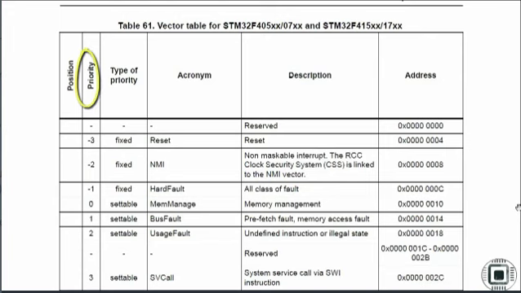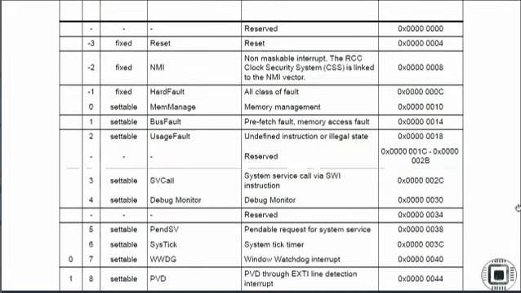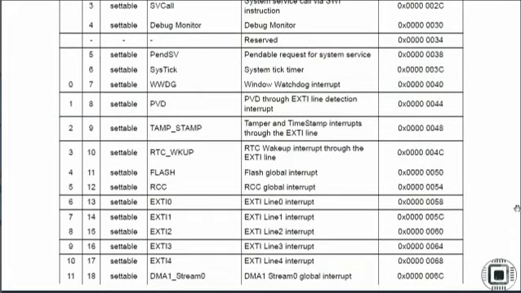The second column in this table is the priority of the interrupts, and the third column tells you whether the priority is configurable or not. In our case, all these interrupt priorities are configurable. The fourth column just tells us which interrupt it is.